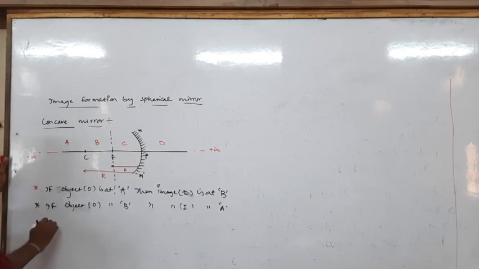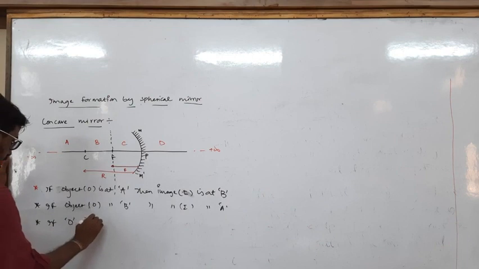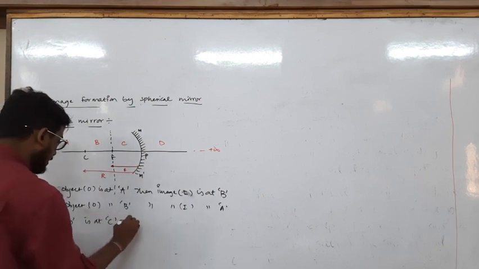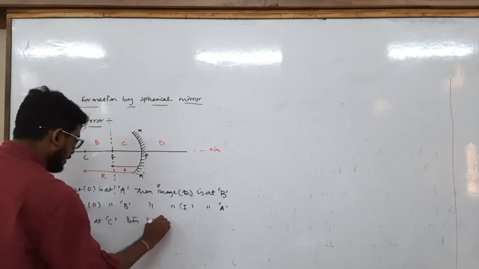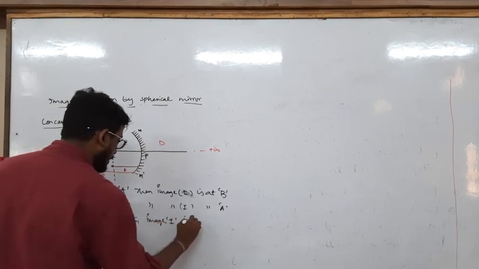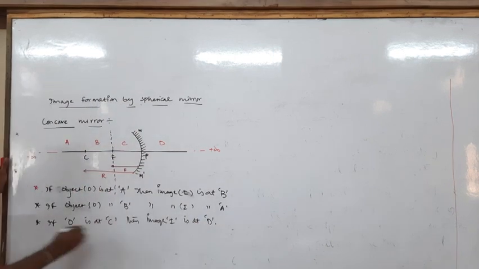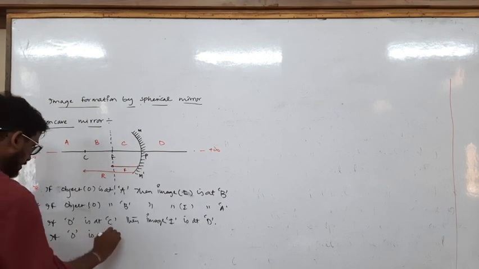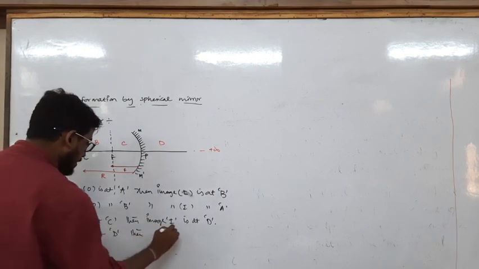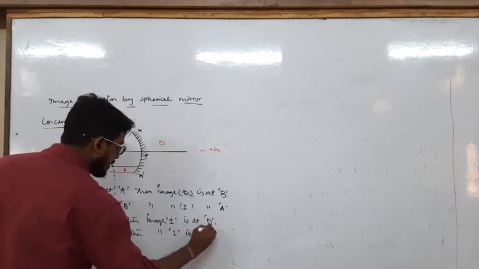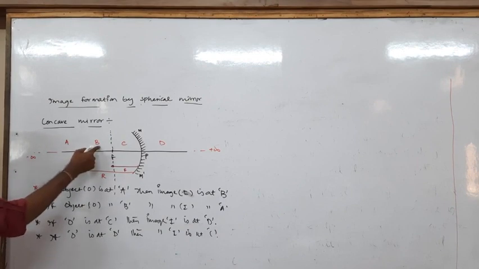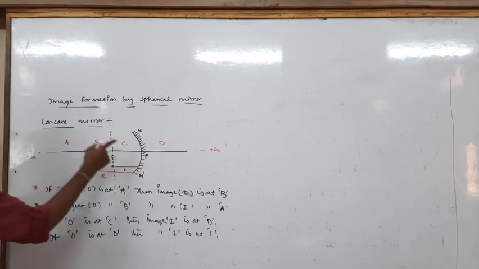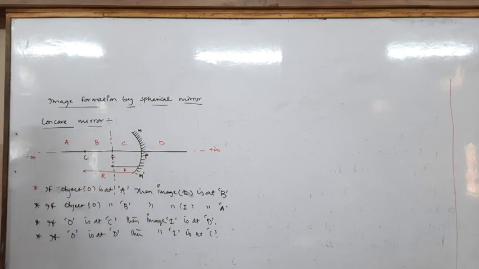Next, if the object is at C, then the image I is at D. Again, if the object is at D, then the image I is at C. If object at A, image at B. If object at B, image at A. If object at C, image at D. If object at D, image at C. Clear? These are some points regarding the regions.